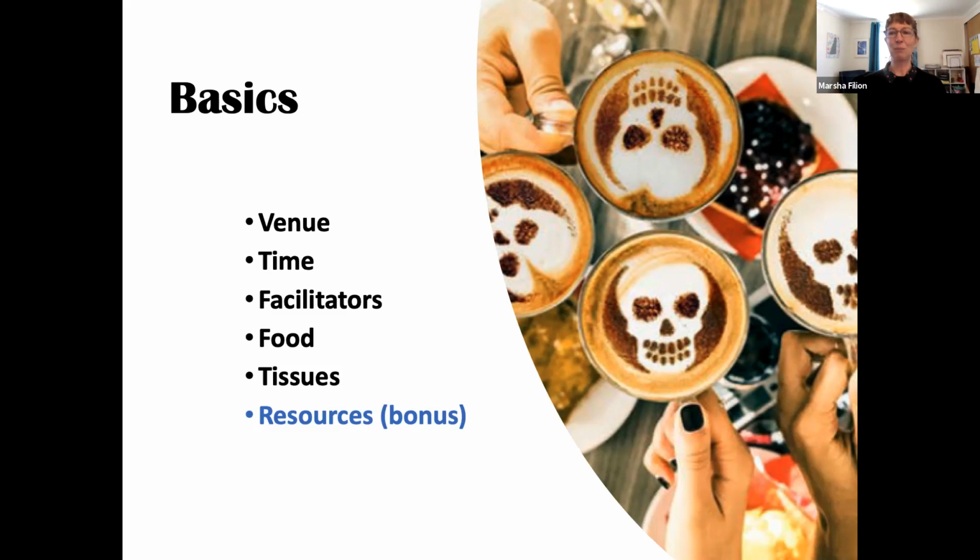And then I've got this extra one, resources, in blue, because it's the way that we cheat with death cafes. We know there's no real educational component, and you're not supposed to provide information, but it's really hard for me to do that. So I love to provide people with book lists or great movies that have come out recently.